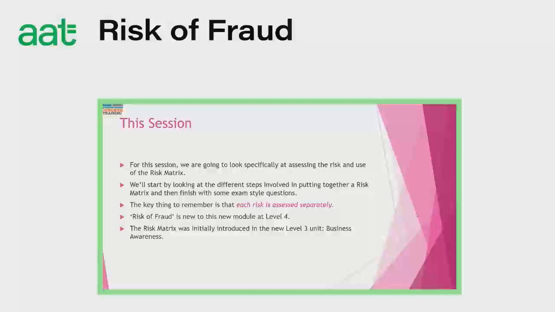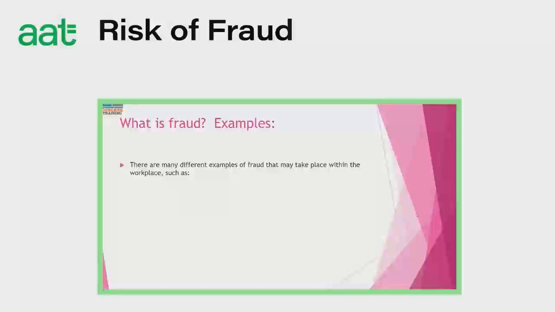We went live last July, so there might be some of you that have done the new level 3 business awareness. But it is completely new, and as I say, almost certainly going to come up in the assessment.